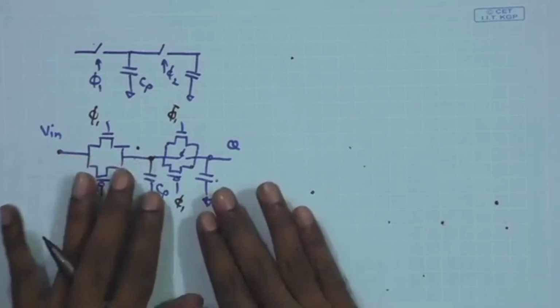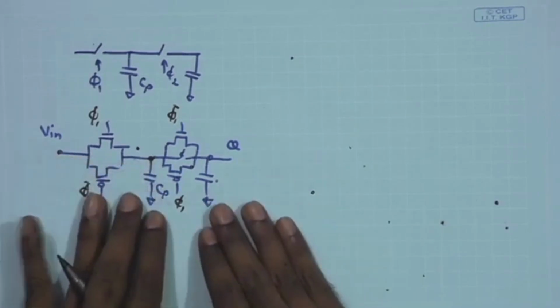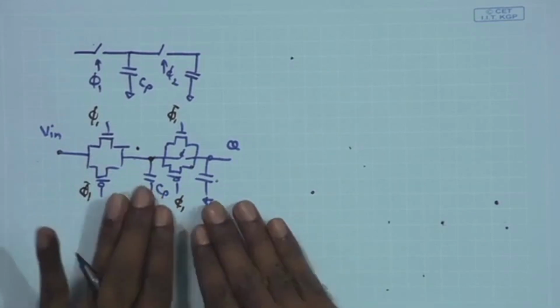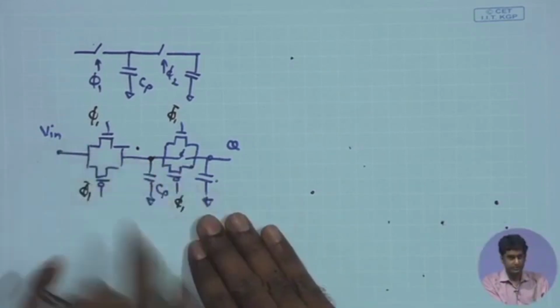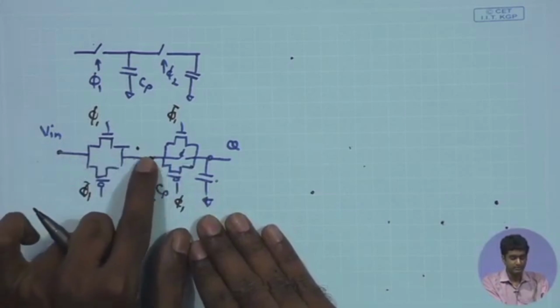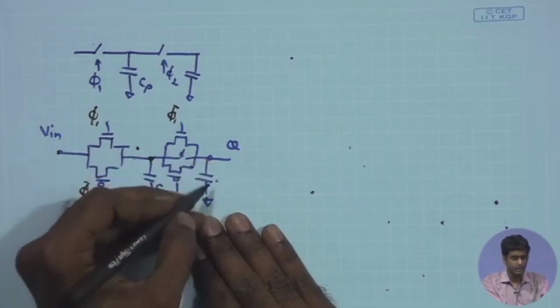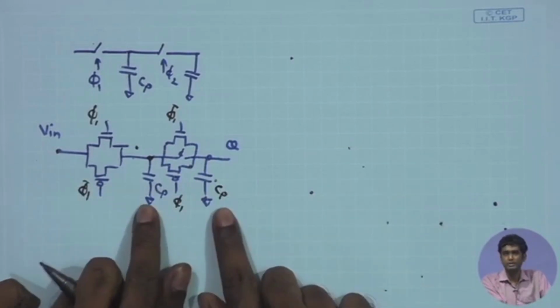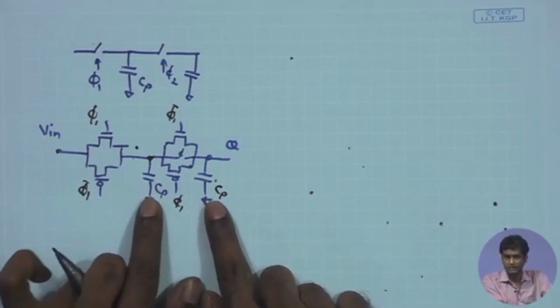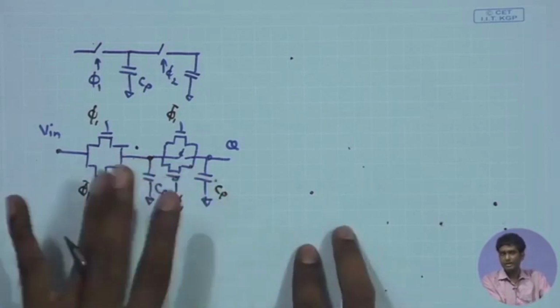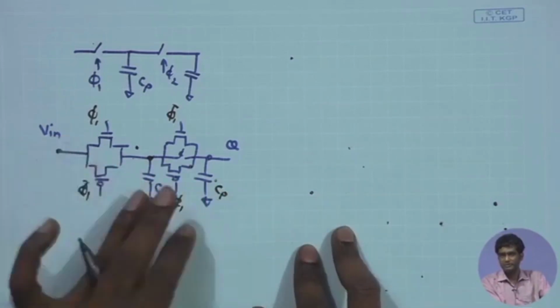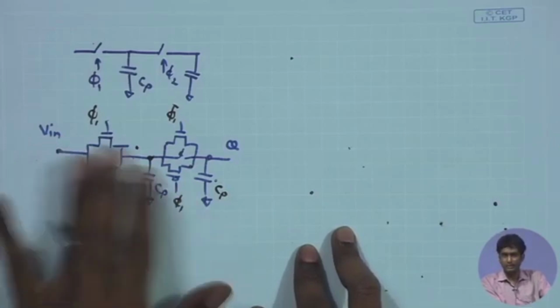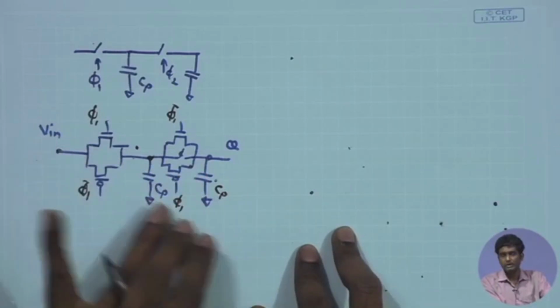but what are the issues over here? Can this work reliably? Is there any issue that we see in terms of data transfer, from V in to the CP and then from the CP to the final capacitor over here, which can also be CP? We are relying on the parasitic capacitances, we are not putting any additional intentional capacitance, because in general you can have a large number of registers and flip flops in digital design, and if you start putting capacitances for each of those, it is going to take a huge amount of area.